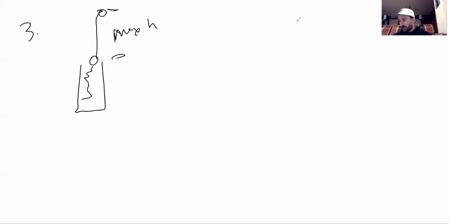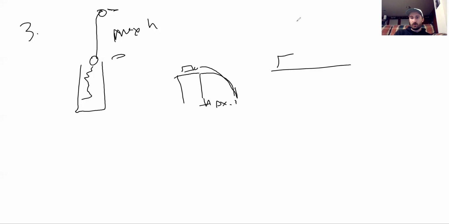What else could you do? You could have it on a table and shoot it horizontally and measure the maximum delta X for all three positions. Or you could just launch it horizontally and have one of those motion detectors to get the velocity of the ball.